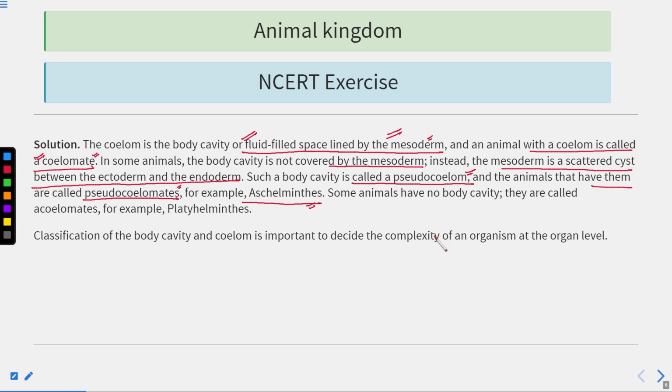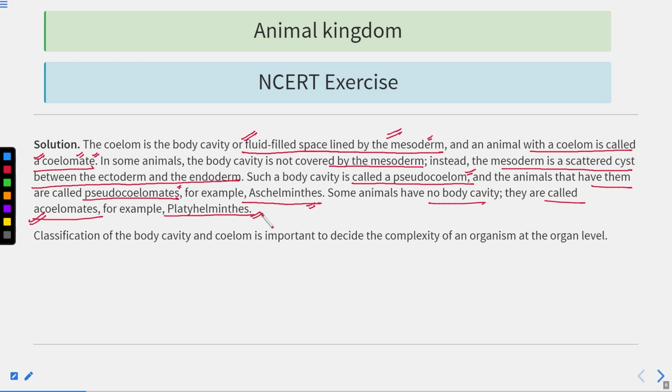But some of the organisms do not have any true body cavity. No body cavity is found, whether a coelom, that is a true coelom, or a pseudocoelom. Both types of body cavity are not found in the third type. So they are called acoelomates. For example, platyhelminthes.